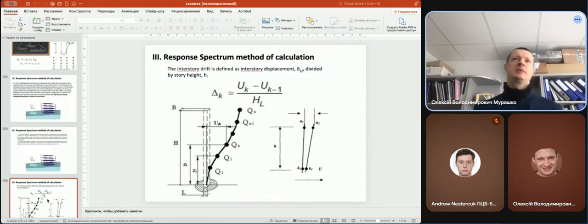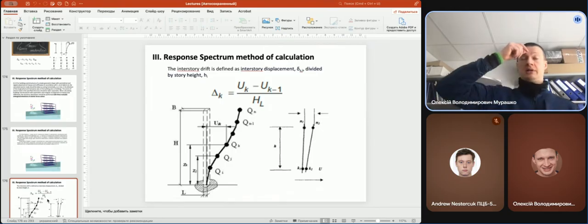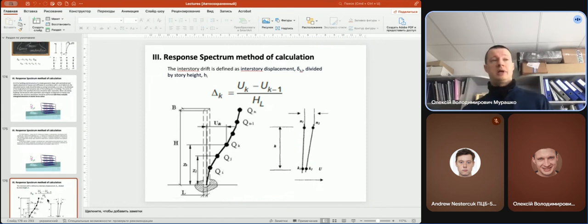What does it mean? We have not taken into consideration the overall displacement of the top of the building, etc. We are assessing how displacement of the top of the floor relates to the displacement of the floor of the story. So top of the story and floor of the story. And the difference of displacement is considered within the height of one story.